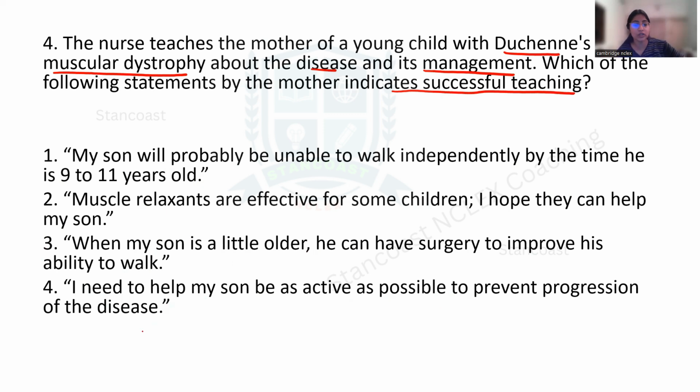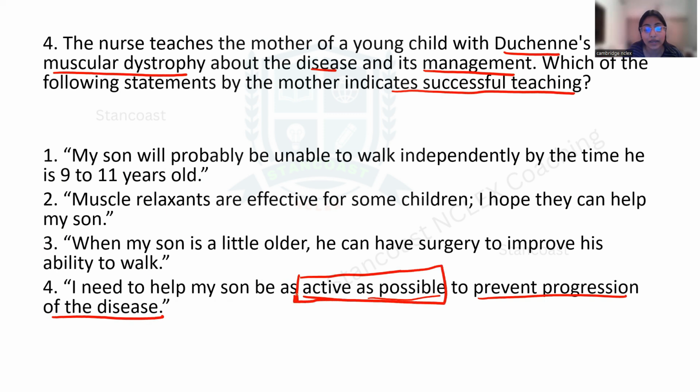Now, from all these options, we have discussed some of the points. First, I will focus on option number 4, that says, I need to help my son be as active as possible to prevent progression of disease. Now, being active is very necessary here. Being active will make the patient feel confident, and this will improve the patient's self esteem.